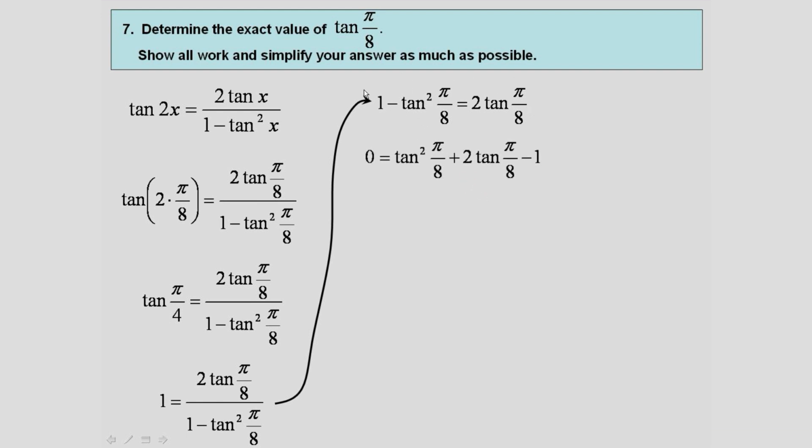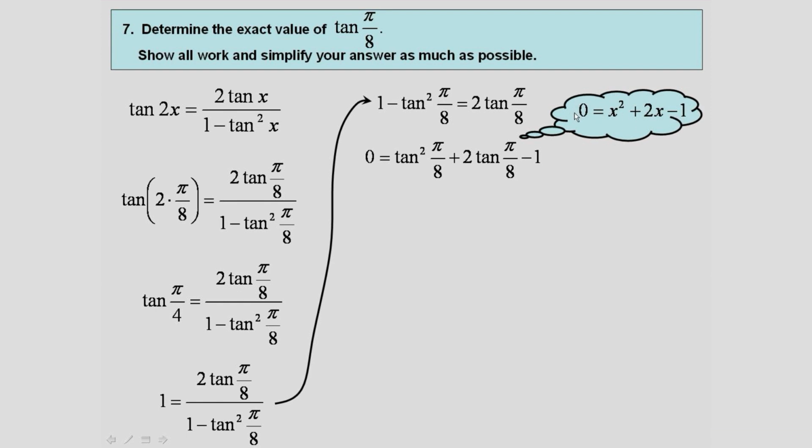Added the tan squared, subtracted the 1. We're left with this. So it is a quadratic trig equation, and ideally it would factor, okay? We can think of this equation as being something of this form, right? Something squared plus 2 something minus 1. There it is, something squared plus 2 something minus 1. Unfortunately, it doesn't factor though, but we can still solve it.